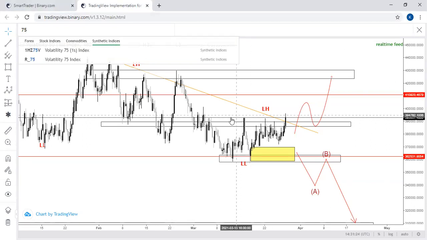Because if you analyze the chart, you need to consider all the time frames. You don't need to base it only on the lower time frame.